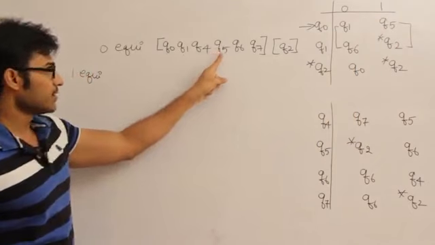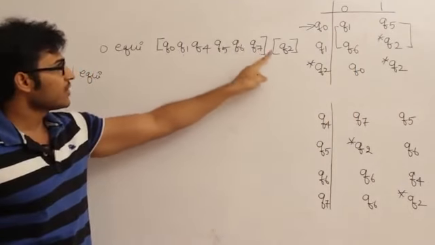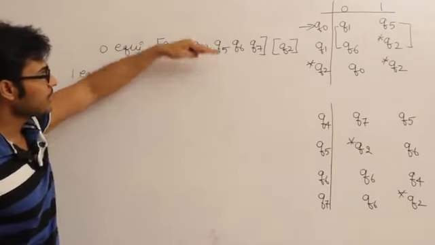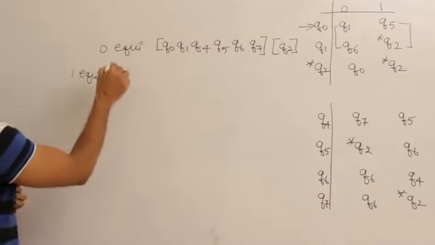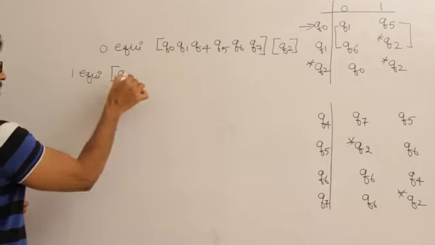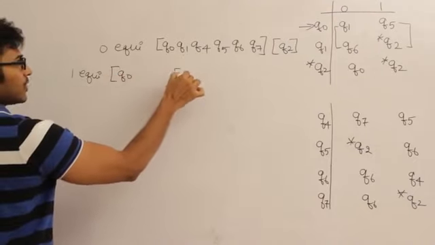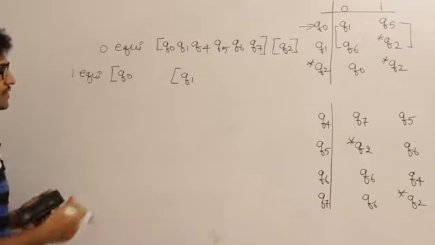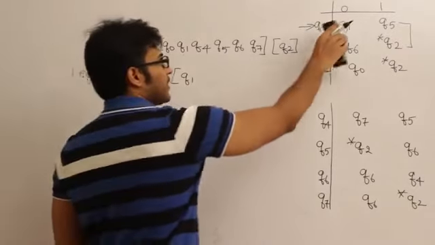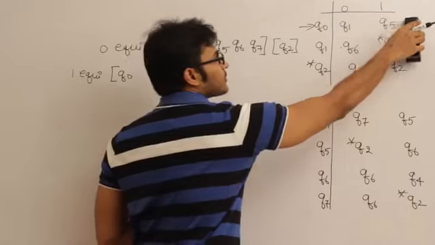So whenever they go to different groups in the previous equivalence, they are no more equivalent in the current equivalence, which means Q0 is separated from Q1, and I don't know who are going to join Q0 or Q1. Let's check it later. Okay, fine. So we have checked Q0 and Q1.